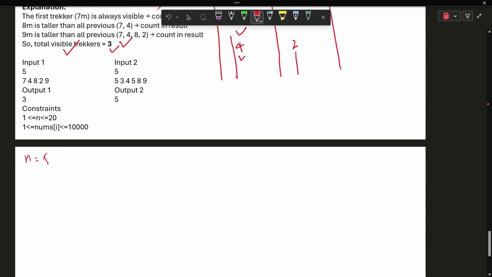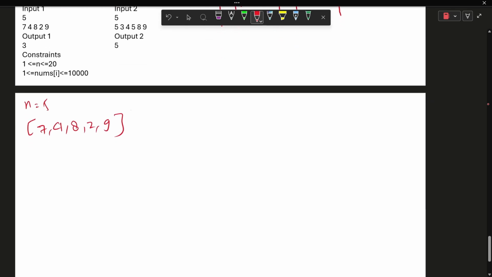Here n is equal to 5, and the array is 7, 4, 8, 2, 9. How can we code that? We take max. The value of max is array of 0, which for this case is 7.